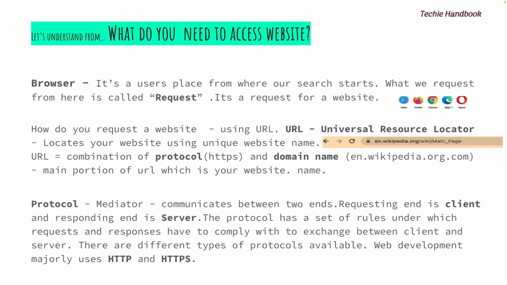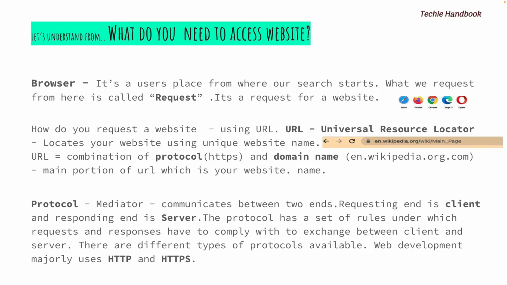The protocol acts as a mediator between client and server and exchanges the request and response between them. For example, if a government passes some rules to the public, we always have to follow the protocol. It is almost the same way. Both server and client should comply with the rules of the protocol if they want to communicate with each other.